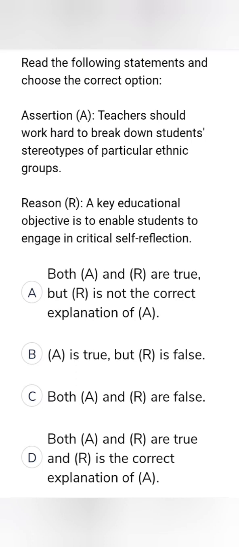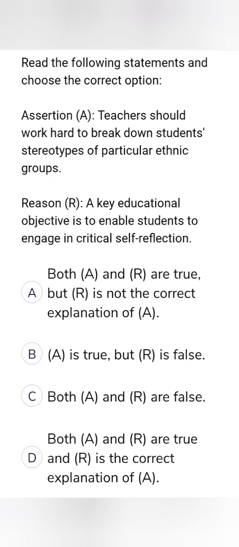Next question is, read the following statements and choose the correct option. Assertion A. Teachers should work hard to break down students' stereotypes of particular ethnic groups. Reason R. A key educational objective is to enable students to engage in critical self-reflection.